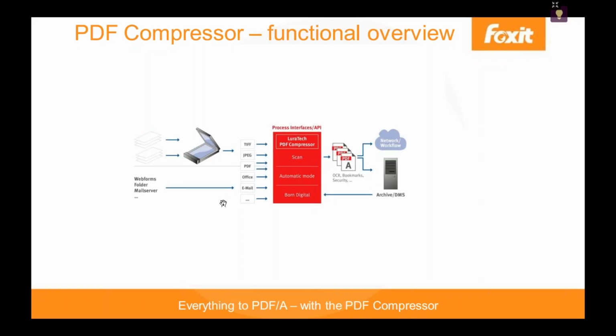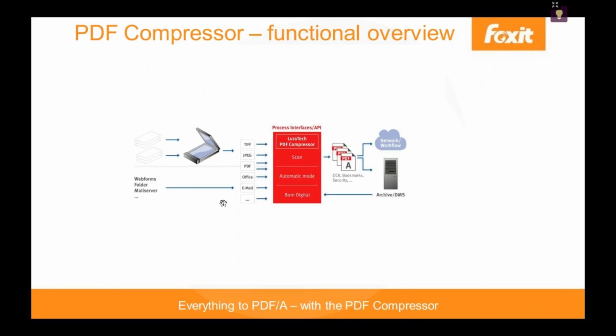On the one hand, it's a very easy mode, called the automatic mode. You can throw everything in, and PDF Compressor will figure out the best way to process everything on its own. If it's really larger volume, larger operations, then a lot of customers say, on the one hand, we have the digital mailroom where we're talking scan, so we set up jobs for scanning.